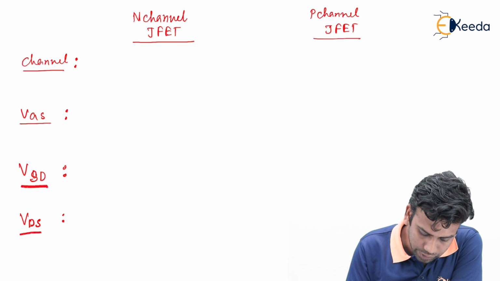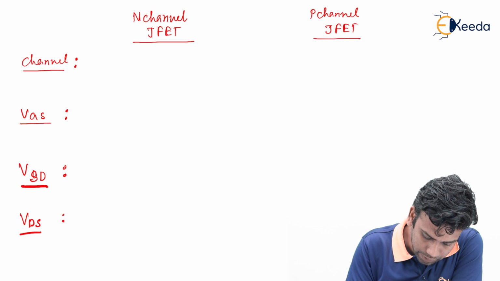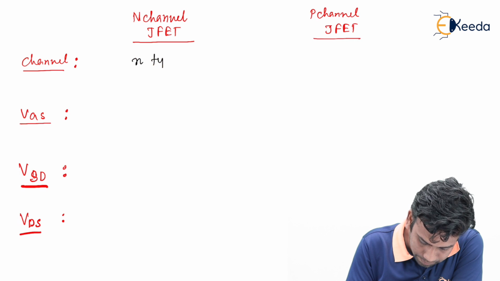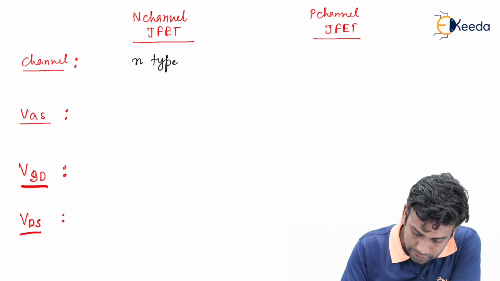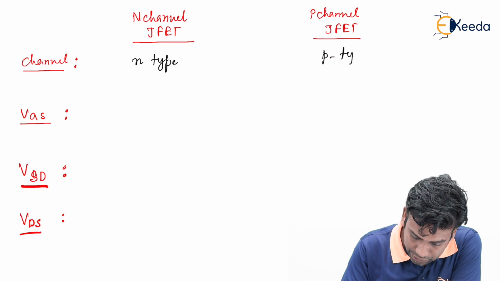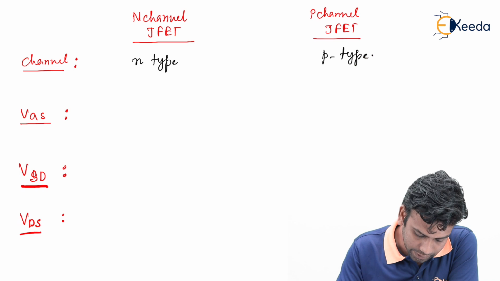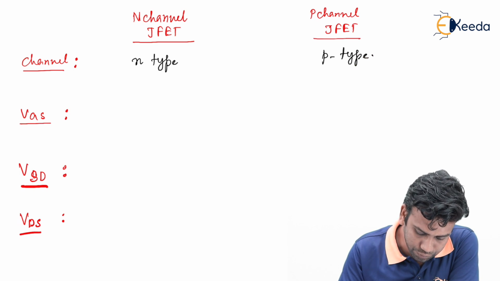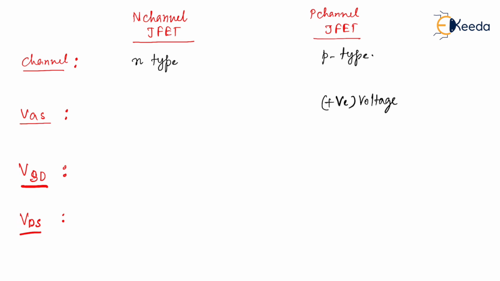So we know that for an N-channel JFET, the channel type will be N-type. Similarly, for the P-channel JFET, it will be a P-type channel. And we know that for the P-channel JFET, VGS, that is gate to source voltage, must be positive, and VSD for the P-channel JFET will be positive.